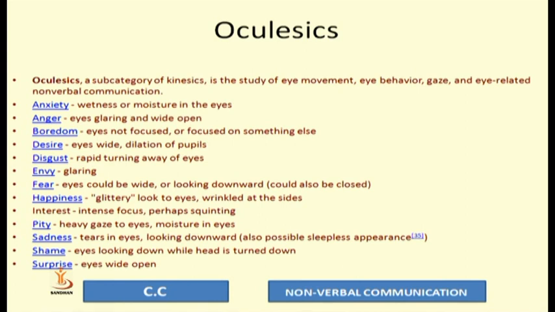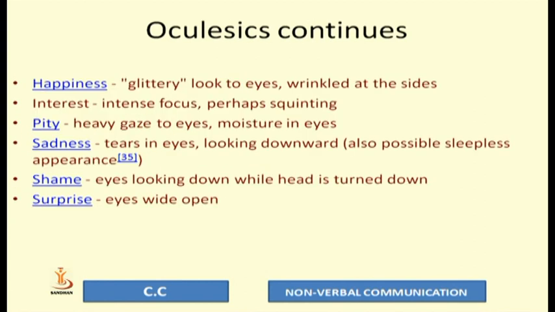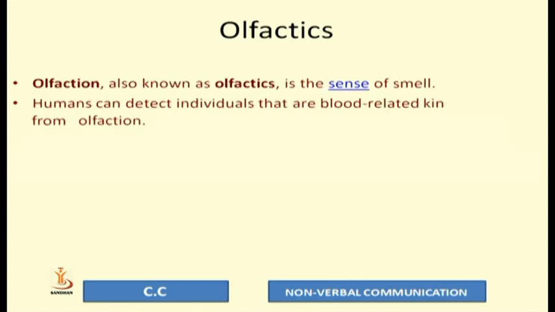We'll move on to the next part of nonverbal communication. Oculesics continues, which is again a part. Happiness with the glittery eyes, pity, sadness, shame, surprise, we have already seen. Olfactics, also known as olfaction, is the sense of smell. Humans can detect individuals that are blood-related kin, mothers, fathers, and children from olfaction.